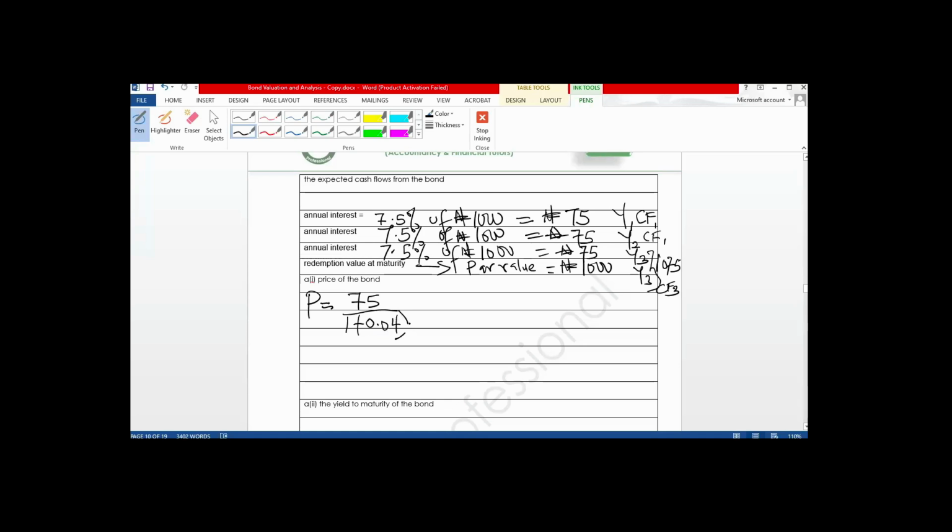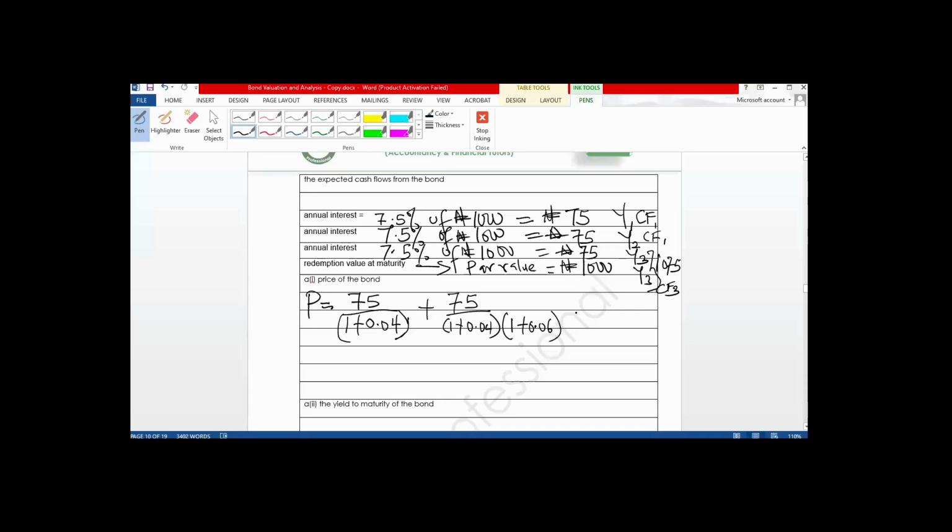Close your bracket. Then plus cash flow in year 2, 75 also, over. You are going to take both the forward rate for year 1 and year 2 now. 1 plus 0.04, close your bracket, 1 plus, what is the forward rate in year 2? 6%.